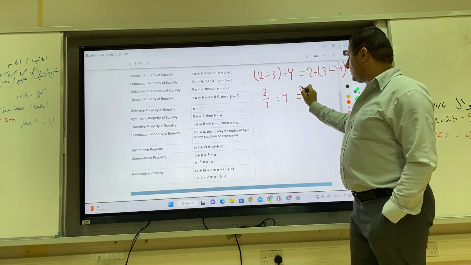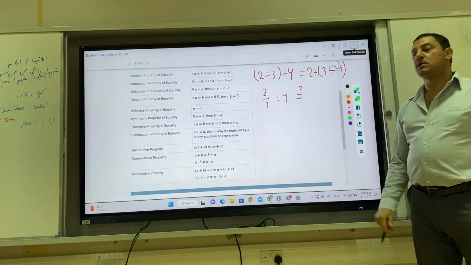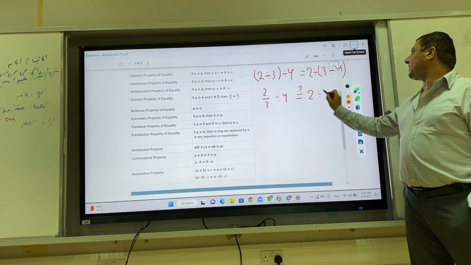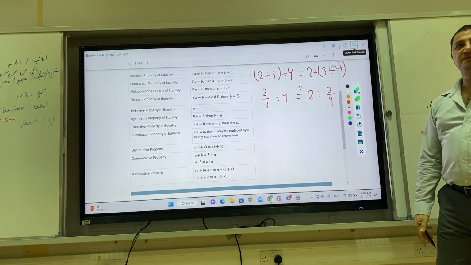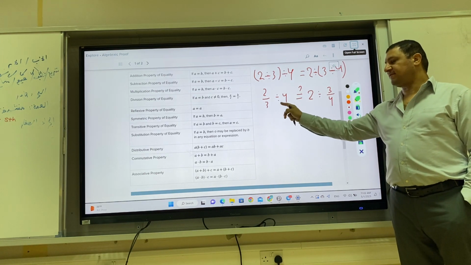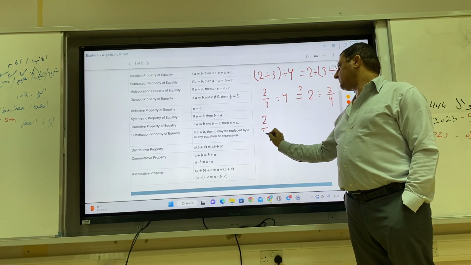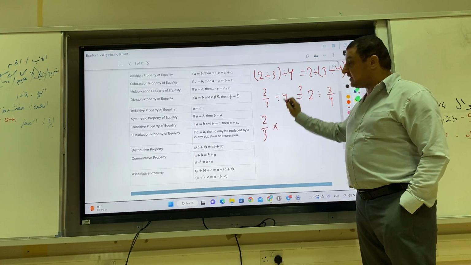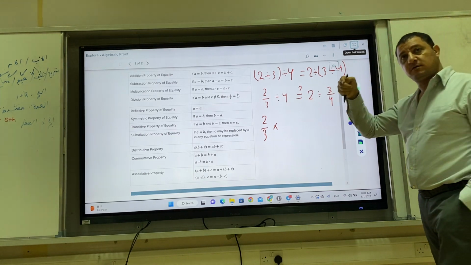Is it equal to 2 divided by 3 divided by 4? No. I will check. Remember: keep, change, and flip. So I will keep, change, and flip 4. 4 is the same as 4 over 1. So I flip it to make it 1 over 4.